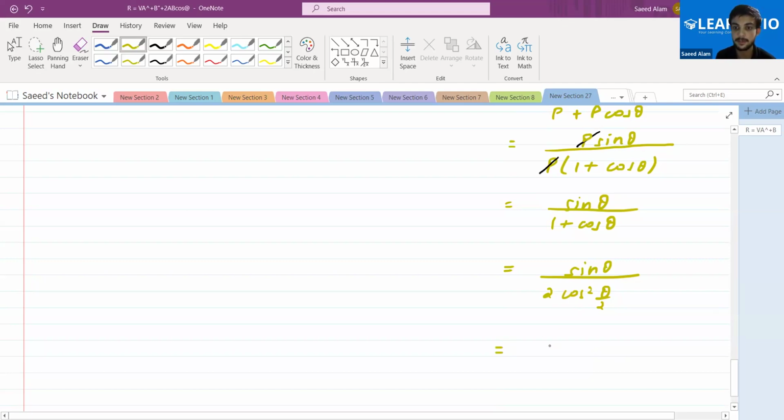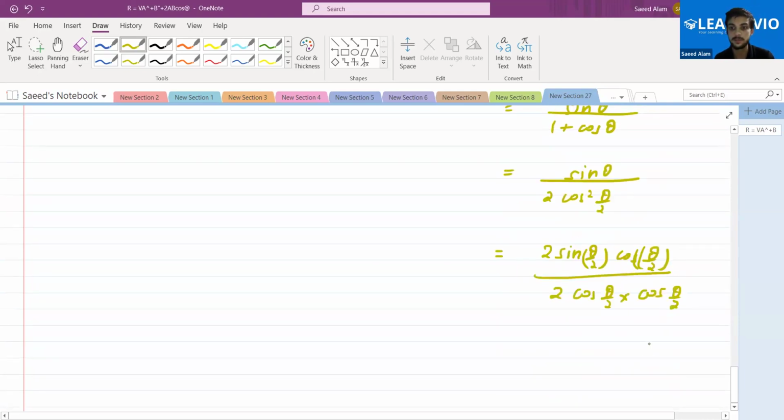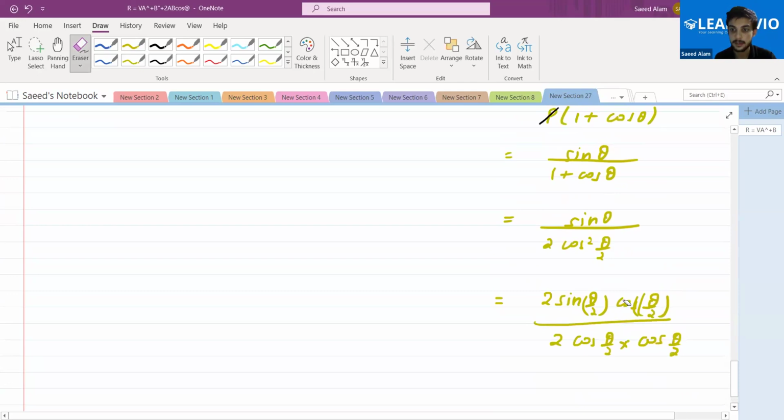So what will it become? 2 sin theta by 2 cos theta by 2, whole divided by 2 times cos theta by 2. Let me write the cos square theta by 2 like this: cos theta by 2 into cos theta by 2. Yes or no? What is the next thing that comes into your mind?